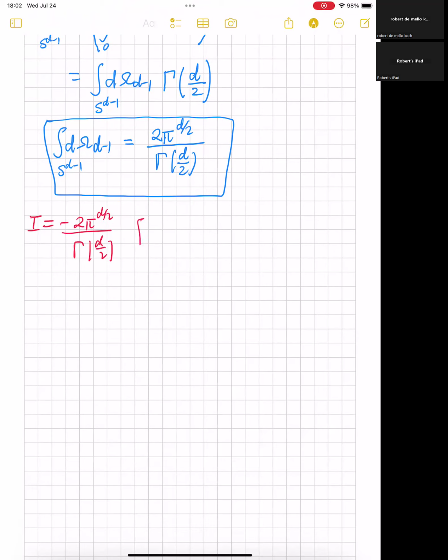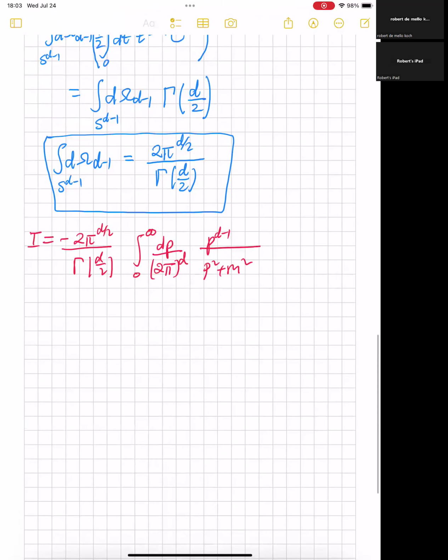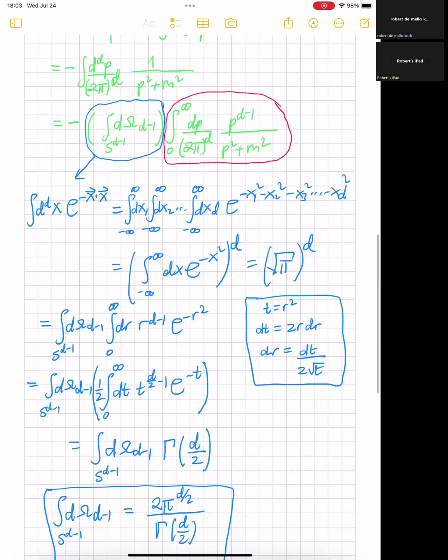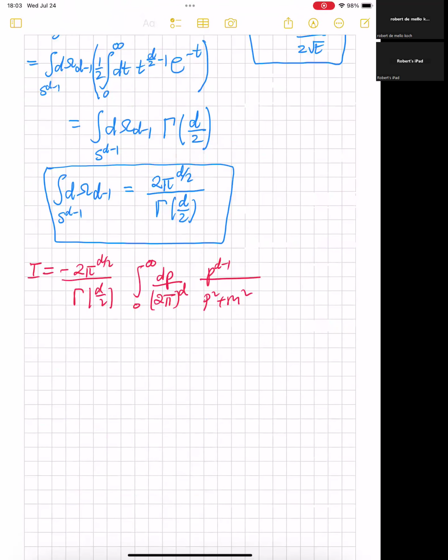I just plugged in that value. And then the actual integral that we want to do is this one, dp over 2 pi to the d, p to the d minus 1 over p squared plus m squared. Okay, so how are we going to do that integral? That is just exactly the value of I here. I just plugged in the value for the first factor. Good. Okay, so the slightly more general result that I'm going to quote and then derive is this one.